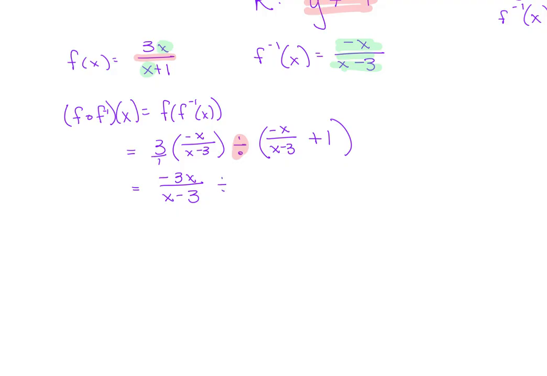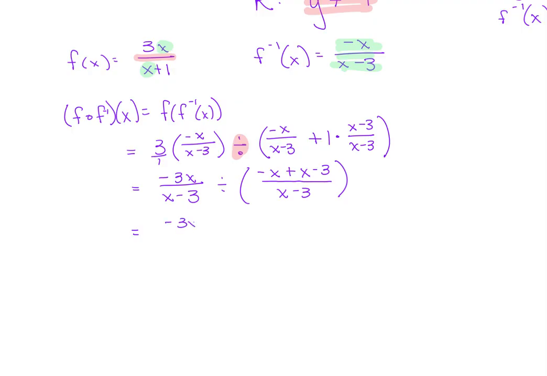On the other side, I want to combine this into a single fraction, so I am going to multiply by x minus 3 over x minus 3. And what we get is negative x plus x minus 3 over x minus 3. We simplify.